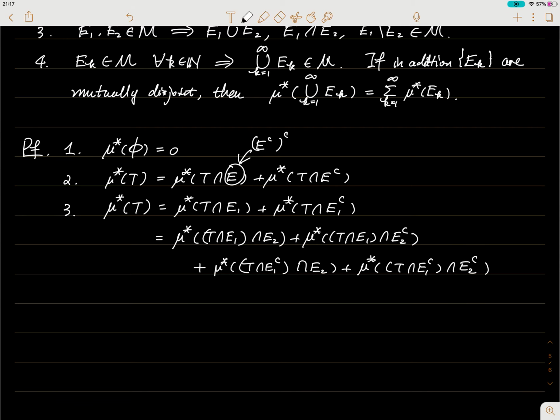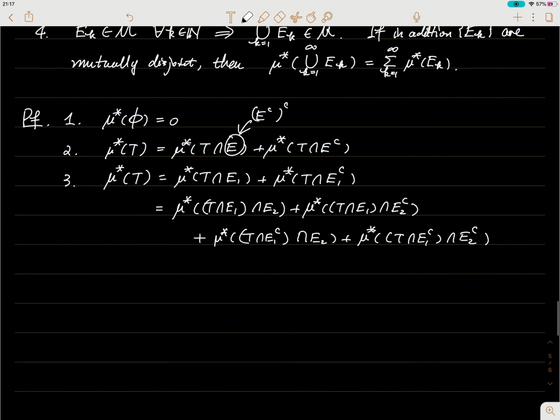Okay, so now let's take a look at what this actually means. If I have E1 like this, I have E2 like this, and I will have T like that. The first term here is the intersection of the three, so this is here.